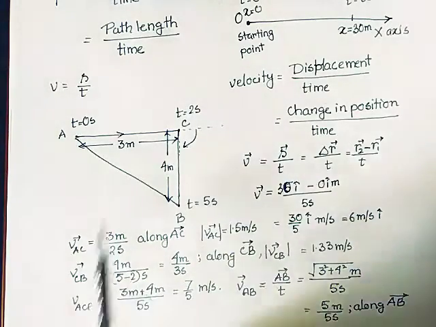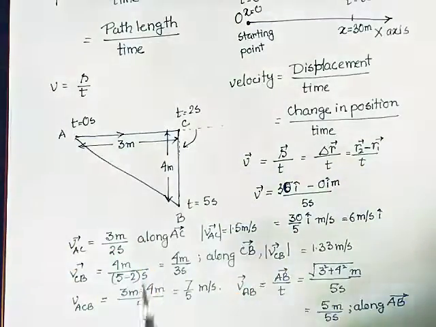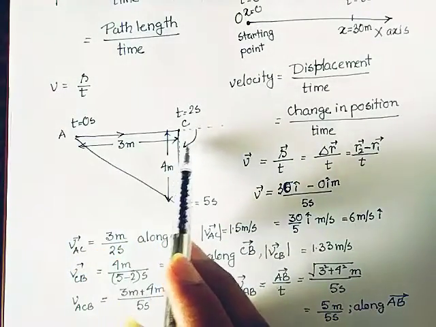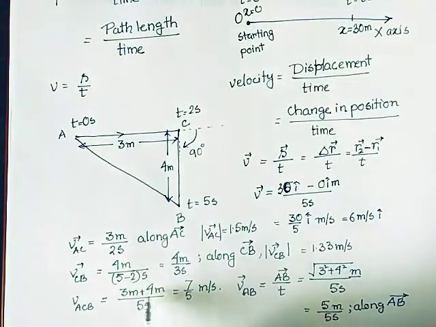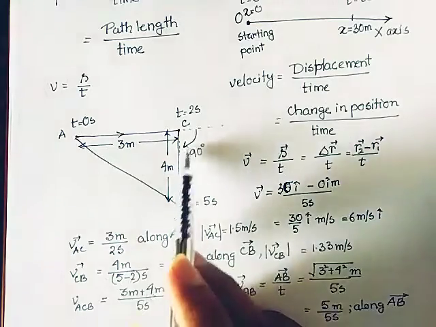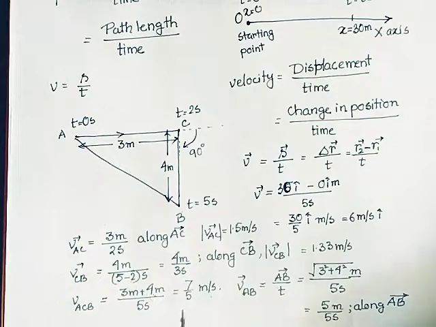But if I calculate reaching from A to B via C, at that time the direction is changed at the point C by 90°. So it will be 3 meter plus 4 meter, the total path length divided by the time. So it will be 7 by 5 meter per second, since we have not done it section wise, so it basically denotes the speed.